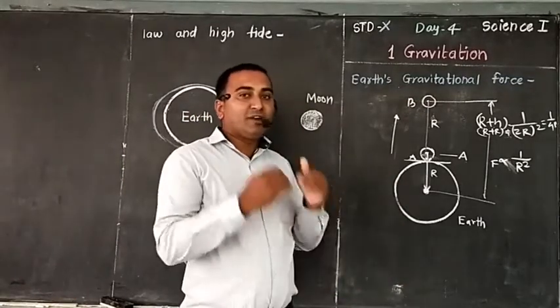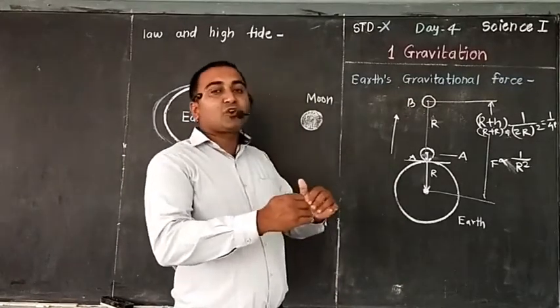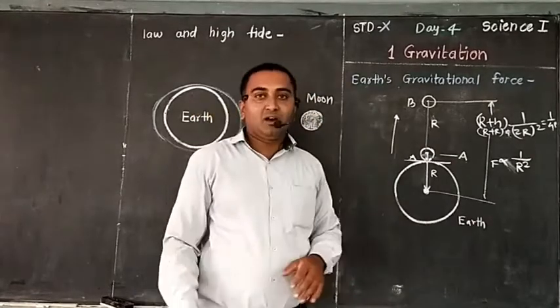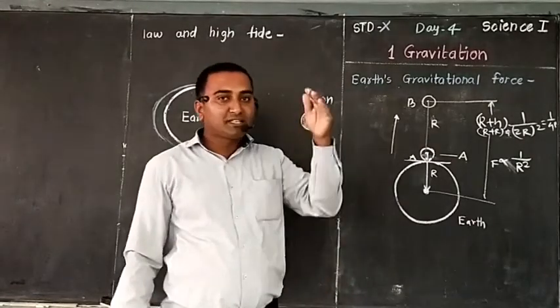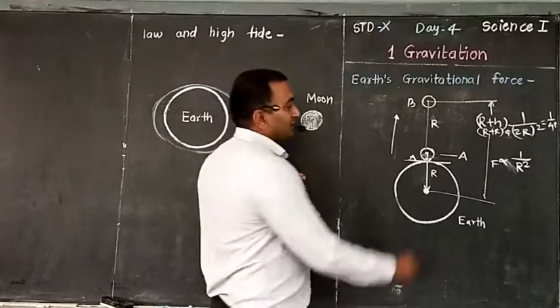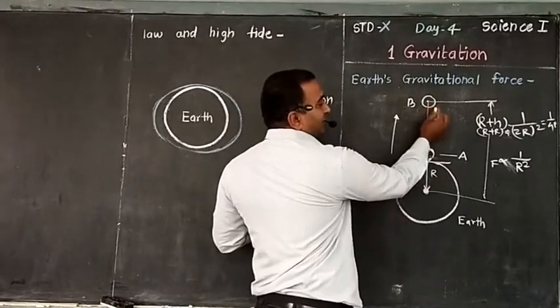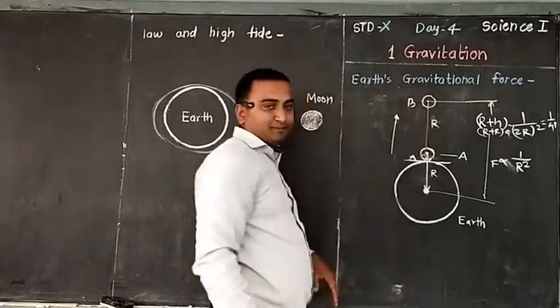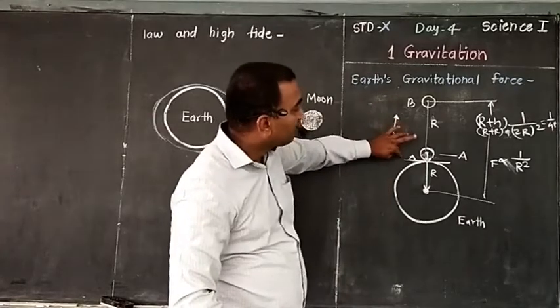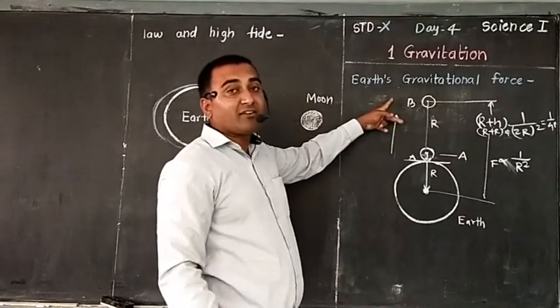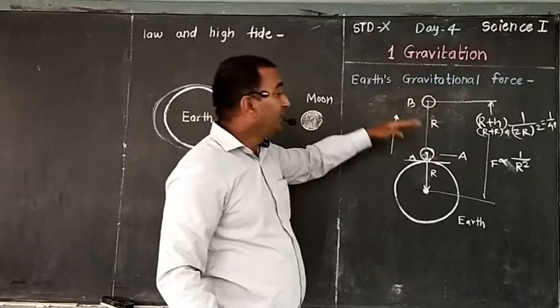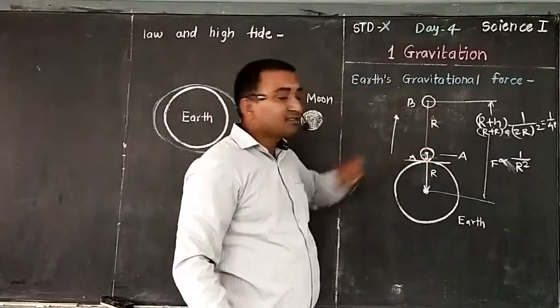Once the object crosses the gravitational force limit, it will not come down, because if the object is here, definitely the earth is pulling it down. So the gravitational force of the earth is more on the surface of the earth.